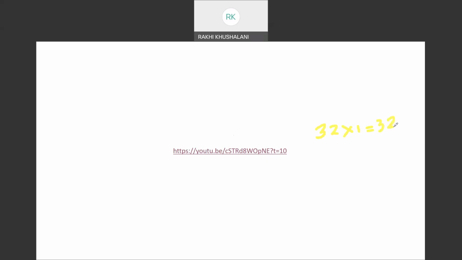Now, to find out 32 into 2, instead of doing that, आप अपने जो first number आपको मिला है plus 32. I think I should take the text typing instead of this. Okay.